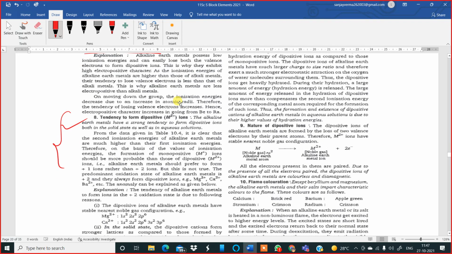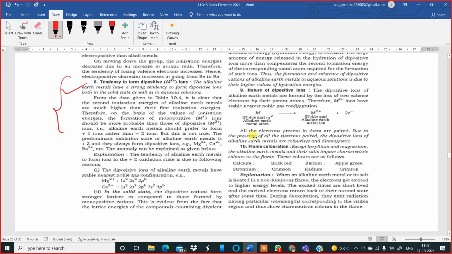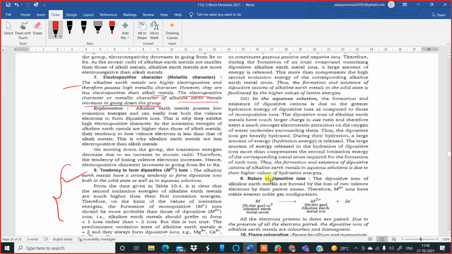Now after that, coming to the solid state. In the solid state, the dipositive cations form a stronger lattice as compared to those formed by monopositive ions. Because of the high lattice energy, their melting and boiling points tend to be higher.